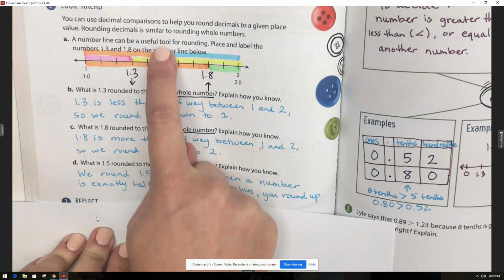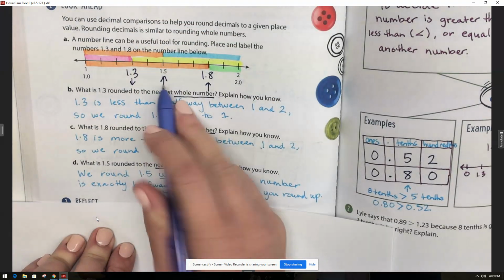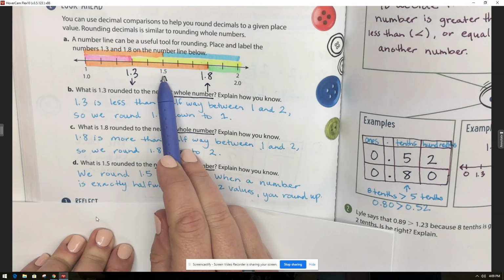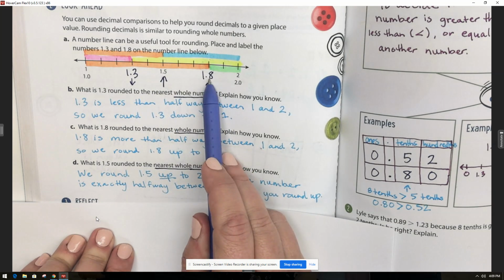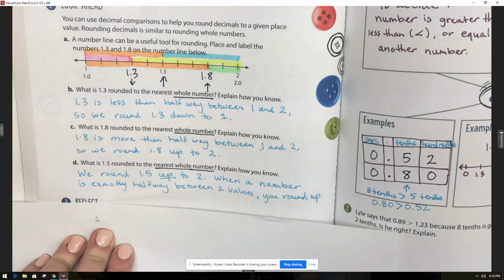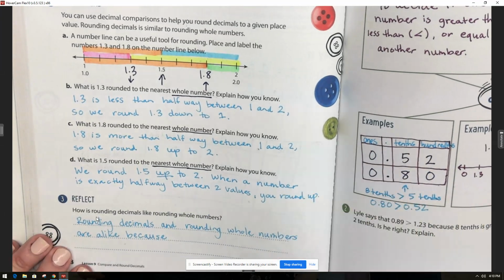So when it's halfway, you're going to round it up. And look, I already even had the arrow underneath it, so it's perfect. So we would round 1 and 5/10 and 1 and 8/10 up to 2, and 1 and 3/10 would round down to 1.